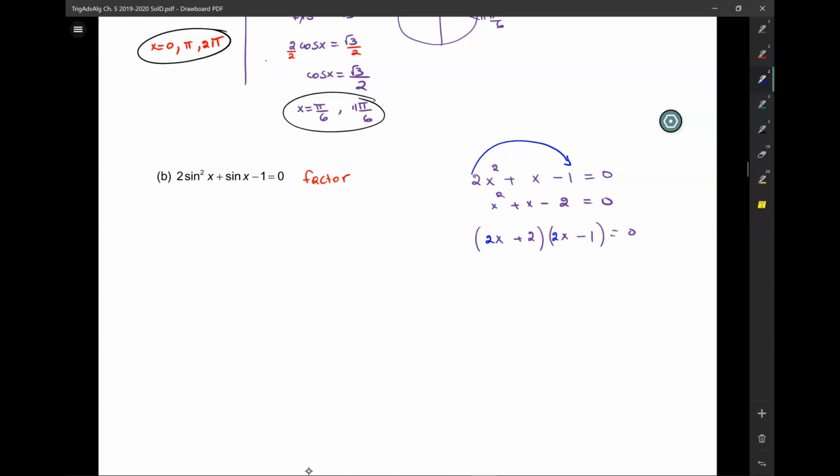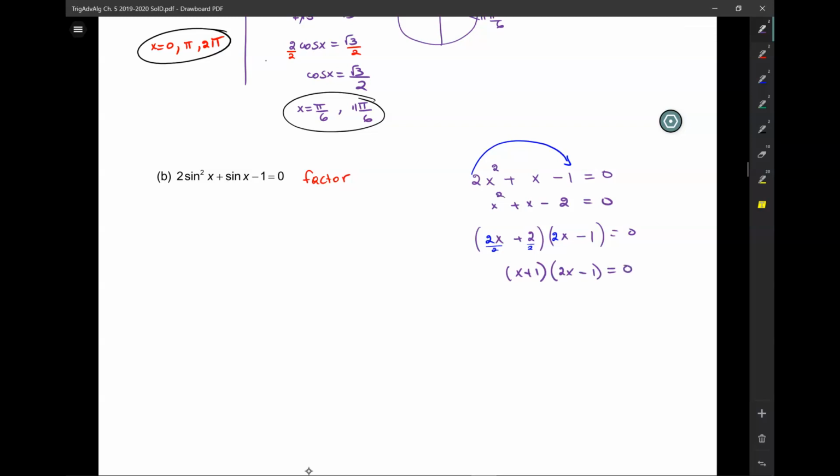But now I look at each parenthesis. If there is one that needs to be simplified, then I simplify it. So I look at this parenthesis here. I can divide these by 2. So I get x plus 1. But I can't simplify the second one, so it's just 2x minus 1. This is one way of factoring.